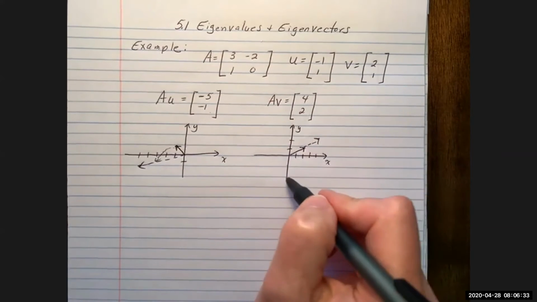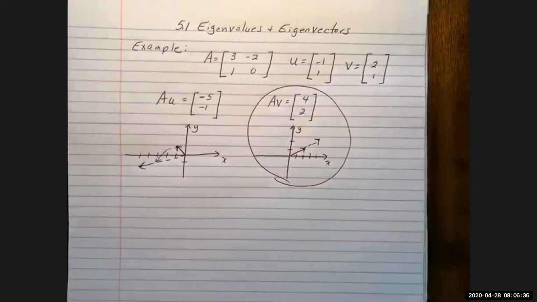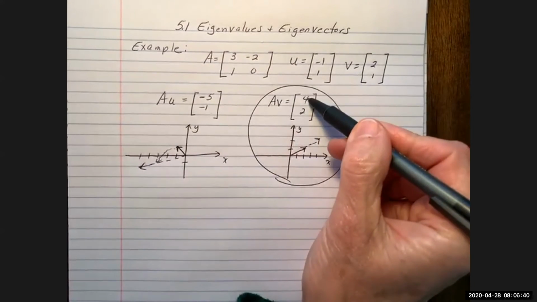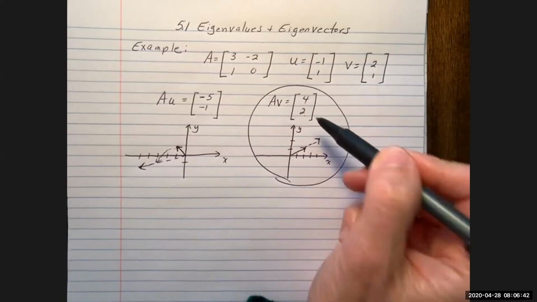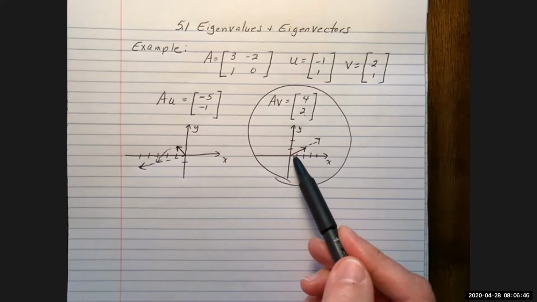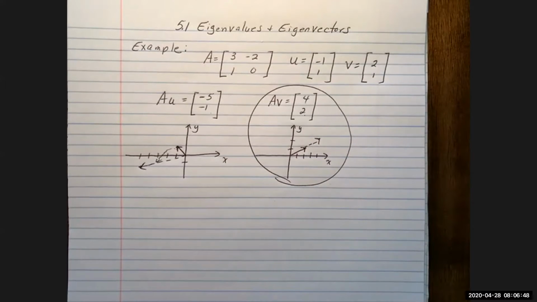And what we want to focus on in this lesson is this scenario. What we did was took A times that vector and it gave us a multiple of the vector that we started with. Notice that this vector is just a multiple of the one that we started with. It's on exactly the same line. It's just a multiple of that.